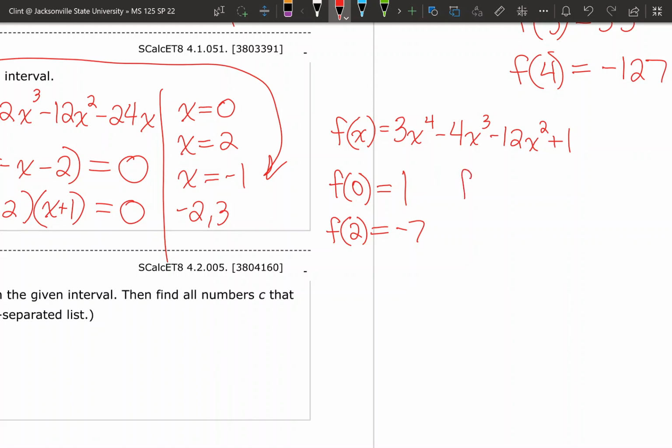Then we need f of -1. That'll give us 3 plus 4, because -1 cubed is -1 times -4 gives us plus 4. And then minus 12 plus 1. -4 on that one. And we have to do our 2 endpoints.